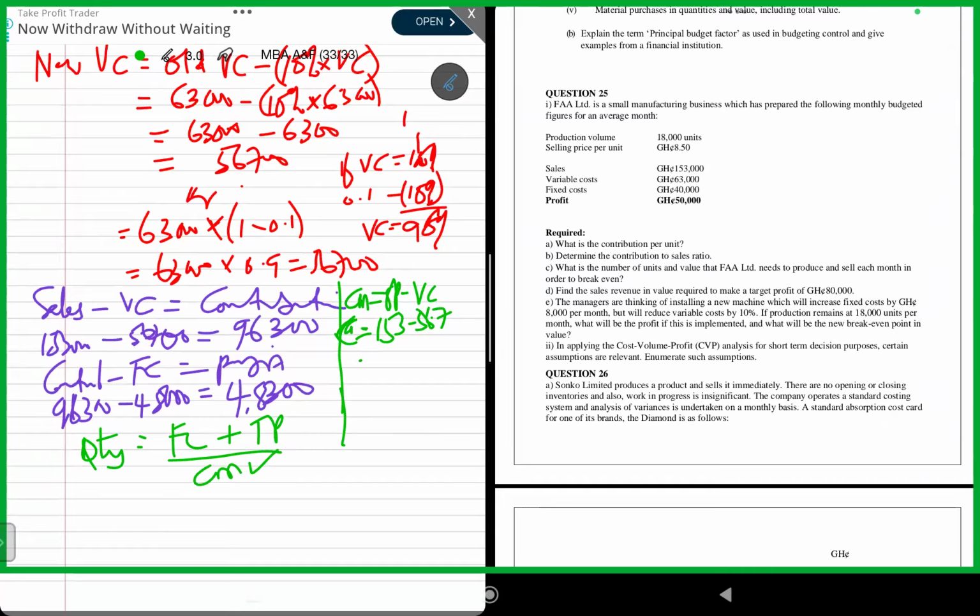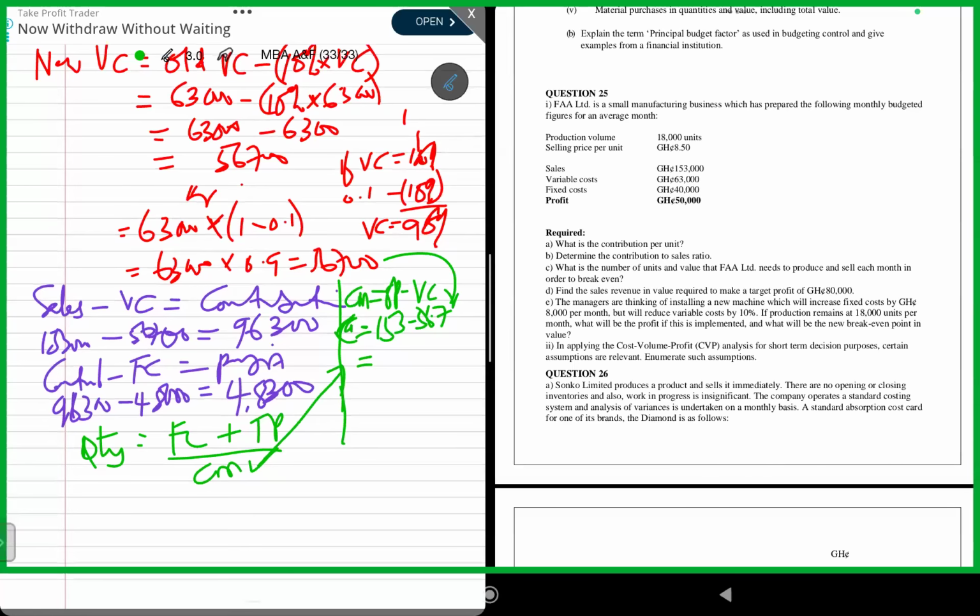What do we have for the total contribution? 153,000 minus 56,700 gives 96,300. Assuming the production is still 18,000 units, it will be 96,300. You are finding per unit, divided by 18,000. What is the contribution margin?